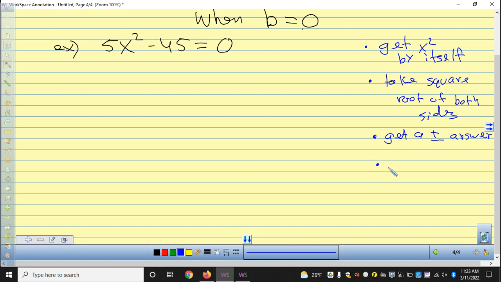I'm going to say one other thing. If what's under the square root, I'm just going to use a symbol, square root, is negative, that means we have no solution.